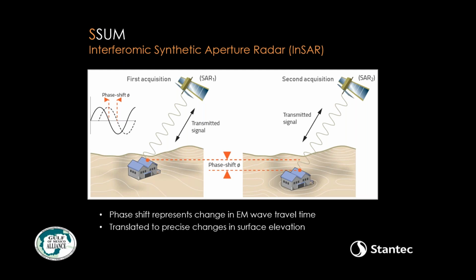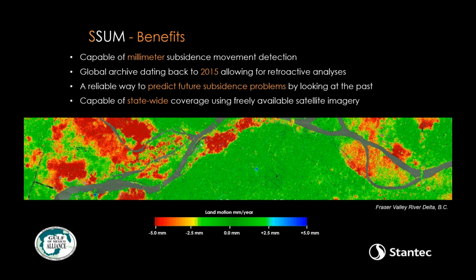And it's just a fancy way of saying that it's recording how much the Earth is moving on the vertical axis, looking for things called phase shift from one image to the next. And from some detailed calculations, we're able to, with millimeter accuracy, tell you how much that land surface has been moving on that vertical axis. We're capable of millimeter subsidence movement detection.